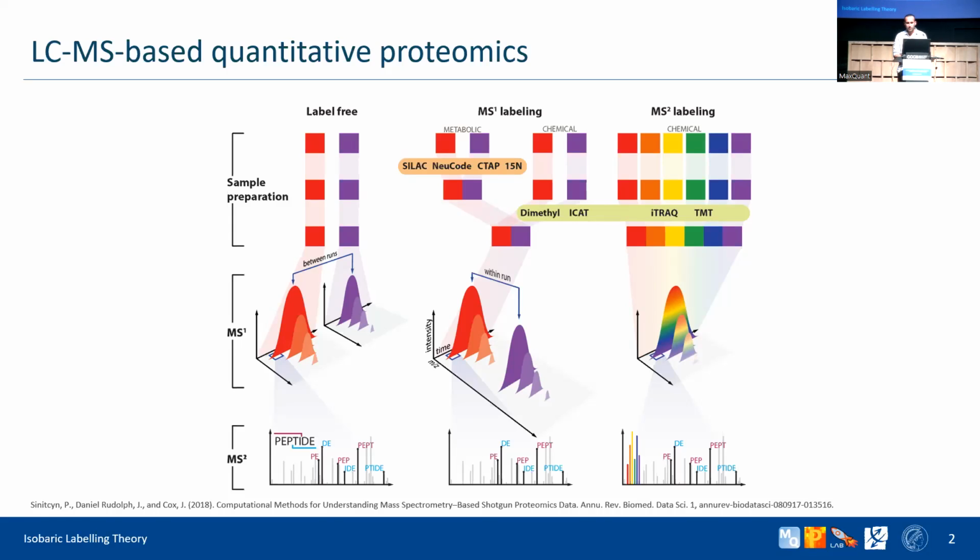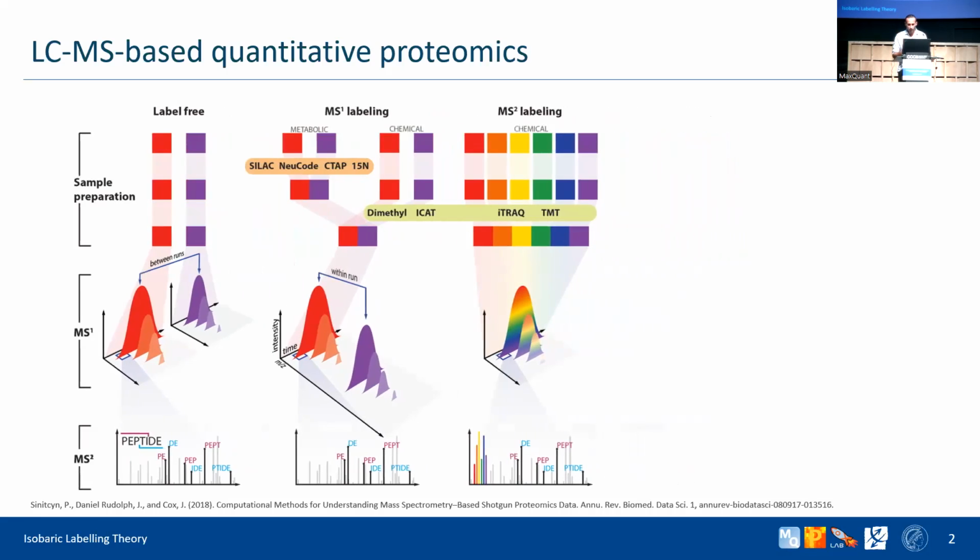The fundamental difference is that in label-free quantification, for example, we use the MS1 signal to do the quantification, whereas here you would have another channel, the tags that you are going to use for quantification, which I will come to.